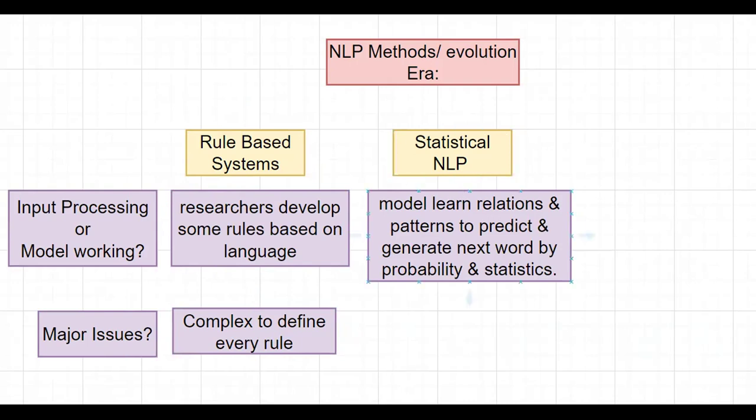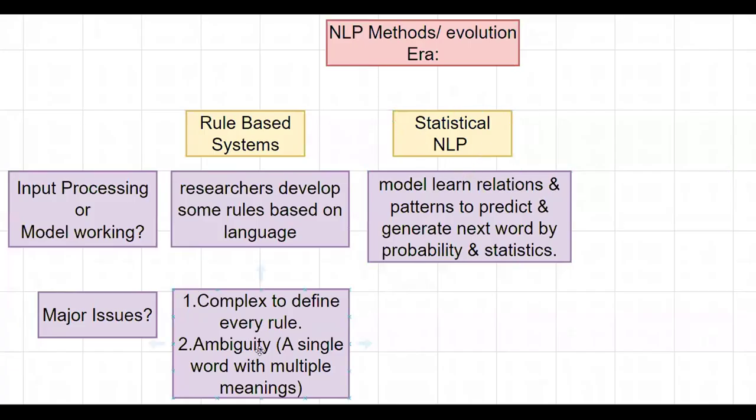So based on the data that we train this model with, using some algorithm like probability and statistics or advanced algorithms, this model is able to predict the next upcoming words, right? Yes. And in this model, we eliminated the need to define each and every rule as in rule-based systems. Here, the ambiguity issue is also overcome in this statistical NLP method.